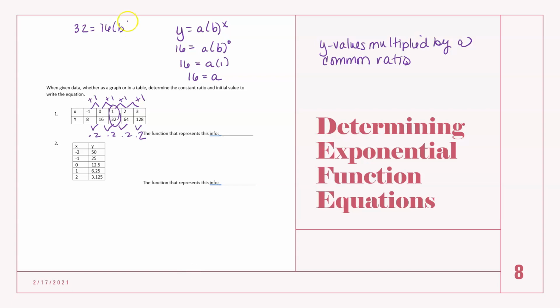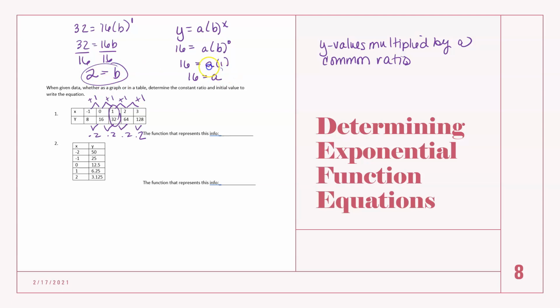We don't know b, and I know when it paired up with 32, my x is 1. So b to the first power is b. So I have 32 equals 16b, and when I divide by 16, my base is 2.